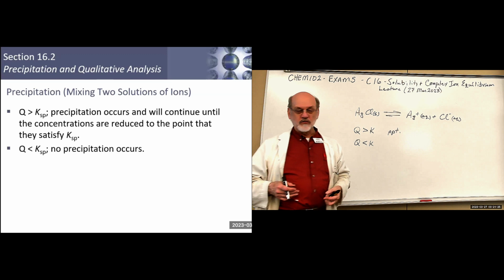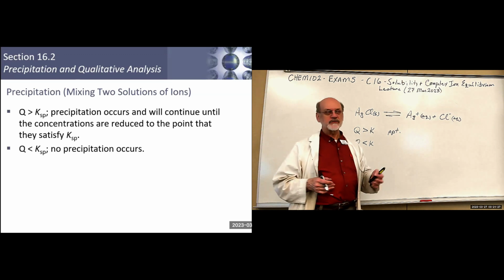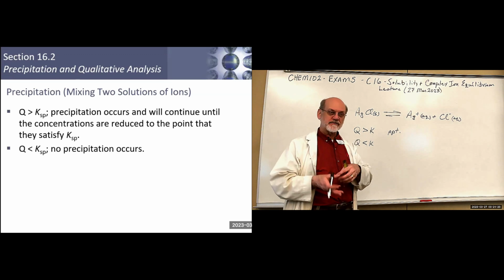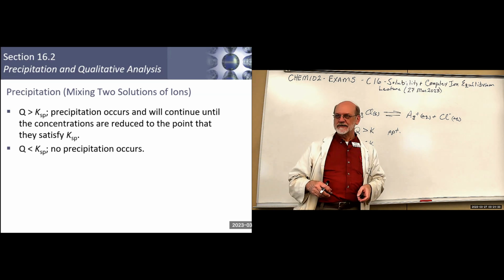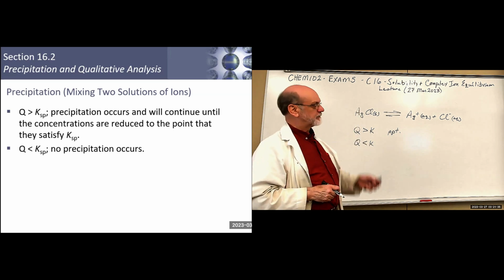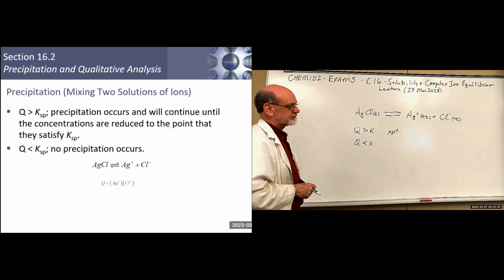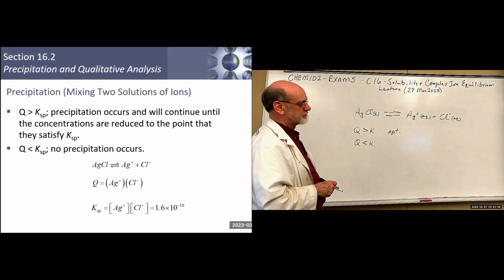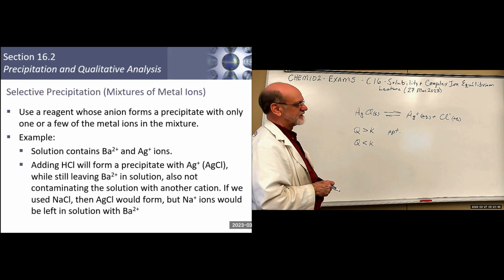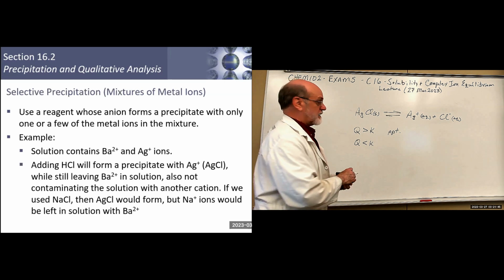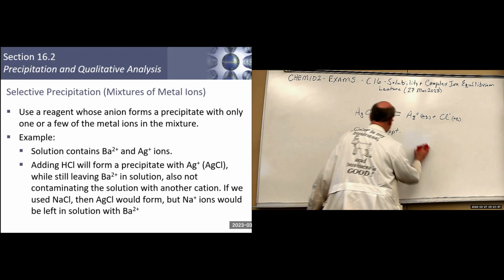Sometimes they separate in groups. In fact, most of the time they do, and then you have to take the group and do something else to it if you want to get the individuals out. We're going to look at that in just a minute. We call that selective precipitation.